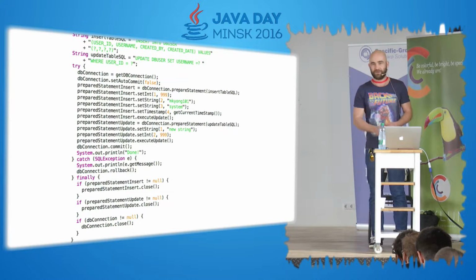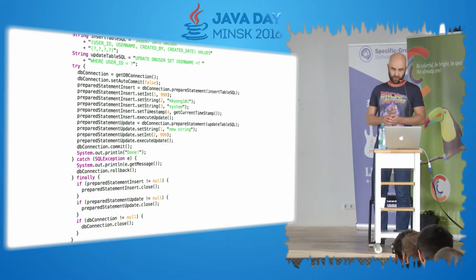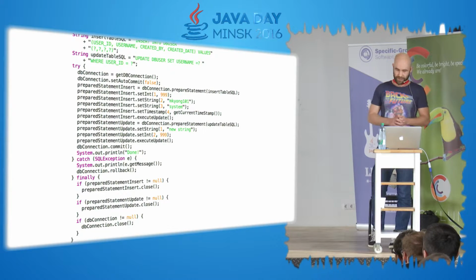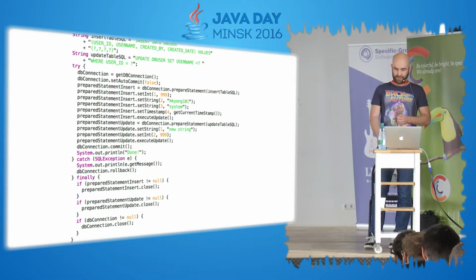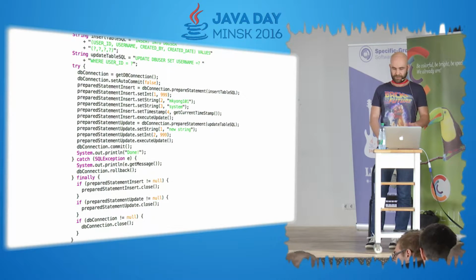This is a typical example of a Jdbc code that I grabbed from the internet. You can see a lot of things happening here. I mean, we have the SQL statements, we establish some parameters, we deal with connection, we try to establish a transaction, we do commit it or roll back, depending on the exception.